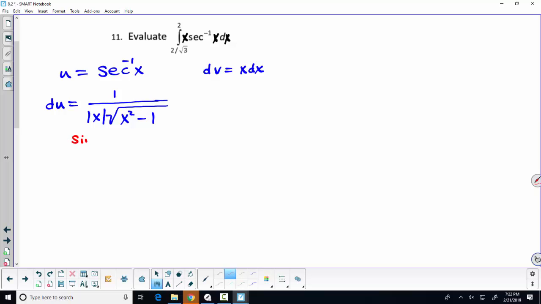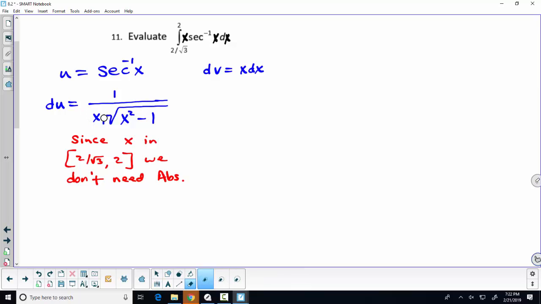We'll state that since X is in the interval from 2 to 3, we don't need absolute values.